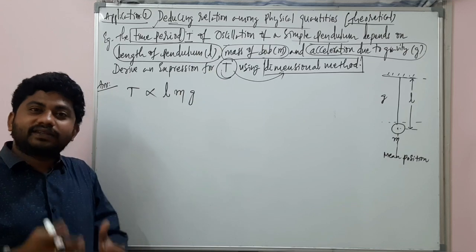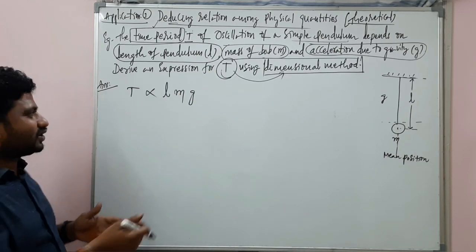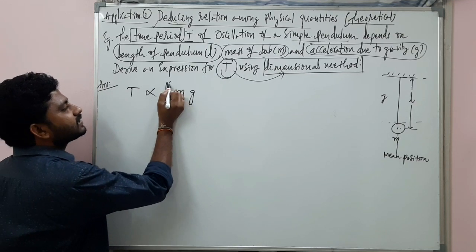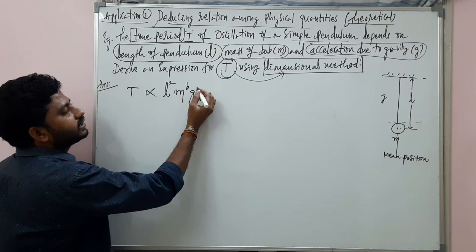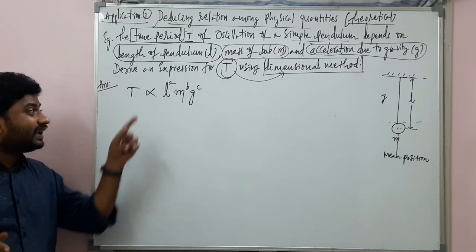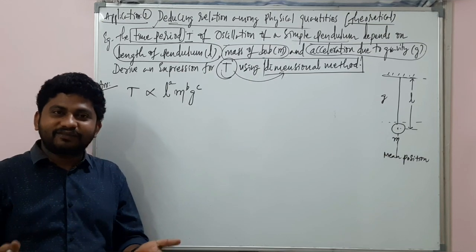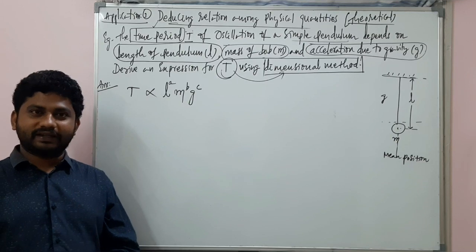So the answer to your question is, to avoid such confusions, I am just writing L raised to A, M raised to B, G raised to C. If you find the A, B, C values, you will understand whether the time period is directly or inversely proportional to L. Listen.